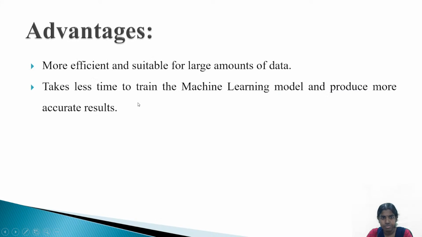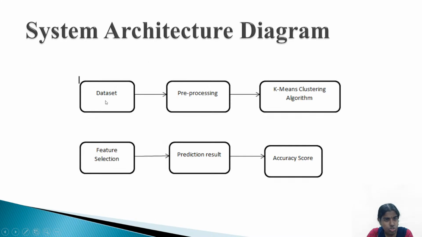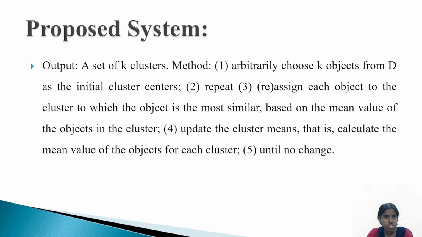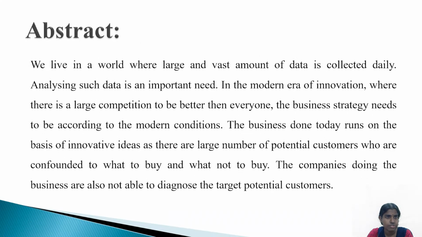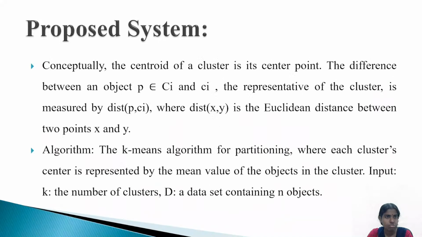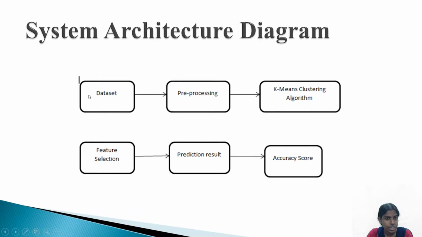So you can see here, the system architecture looks like this. The data sets are collected from various sources and then given to the pre-processing module. All these are the different blocks involved in this k-means clustering algorithm.